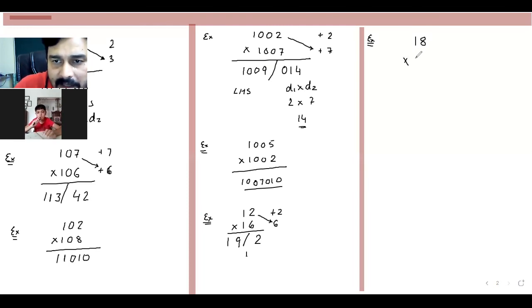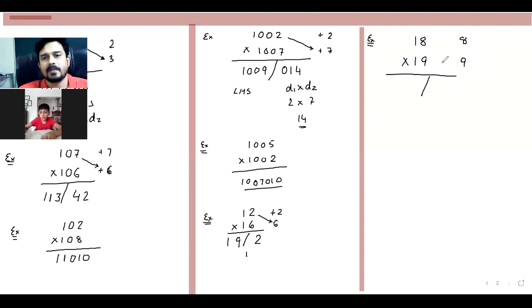If the numbers are 18 times 19, then the deviation of the first number is 8 and of the second is 9. Don't focus on writing, focus on understanding. Now RHS is D1 into D2. 9 times 8 is 72.